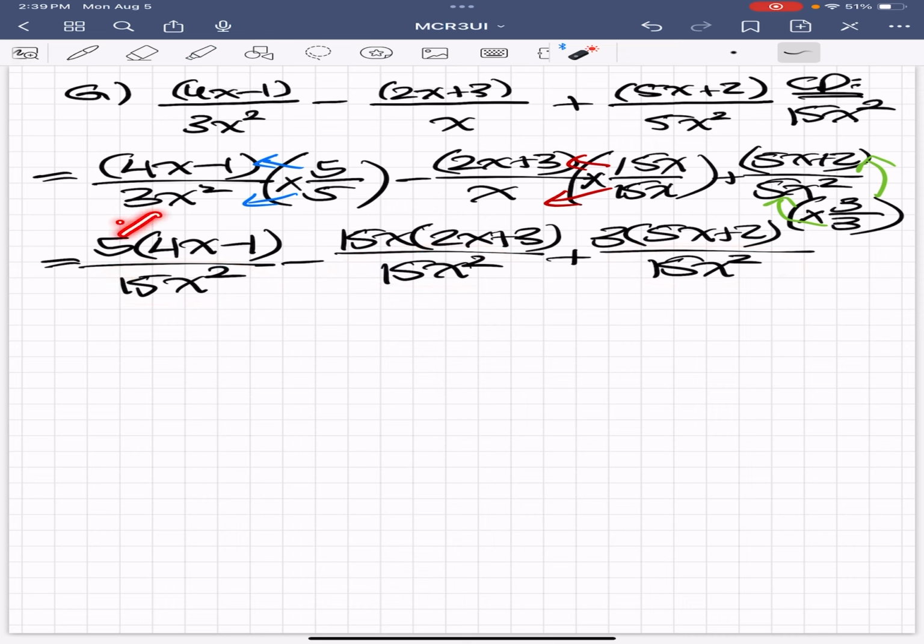And then we are left with expanding algebraic expressions. So 15x multiplied by 2x and 15x multiplied by 3, 3 multiplied by 5x, and 3 multiplied by 2x. And again here, 5 multiplied by 4x, and 5 multiplied by -1. So we're expanding.